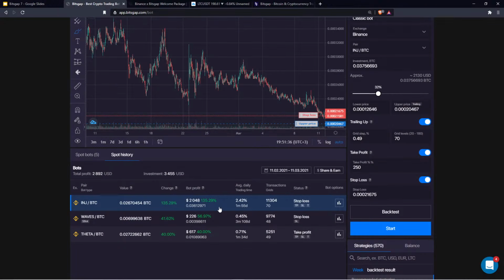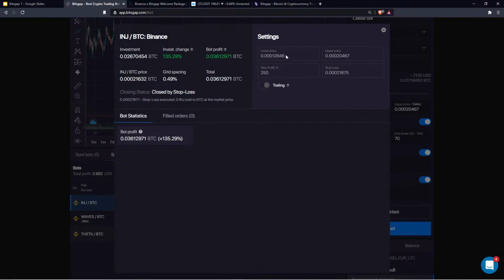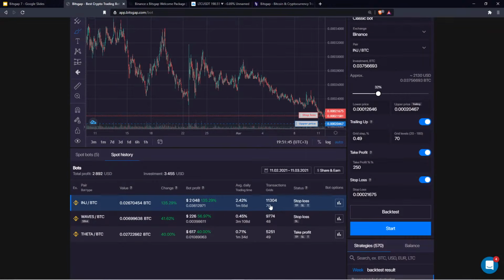So all the metrics are here, basically. The lower price I set, the upper price I set, and even the amount of grid levels, you see, 70 grid levels, that's the configuration that I used. So use the spot history to find your winners, so that next time you are willing to launch the bot on a cryptocurrency pair that you traded before, just go to the spot history to see what was the configuration which made you so successful in this trade.